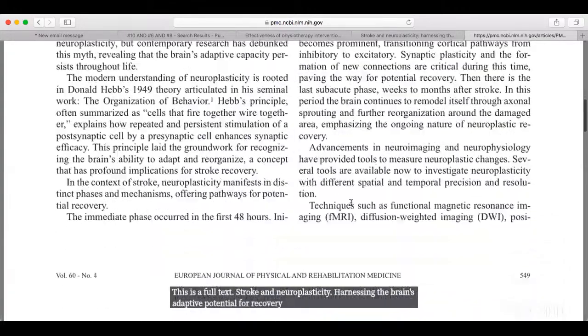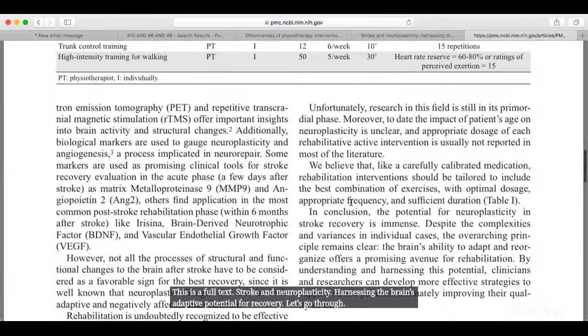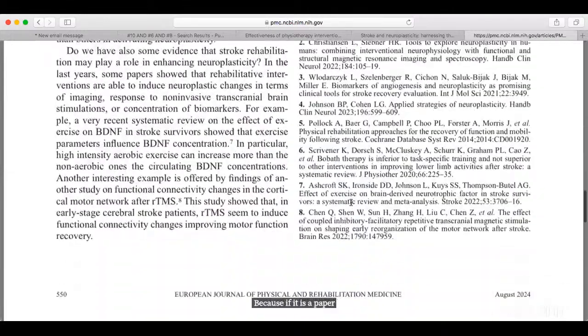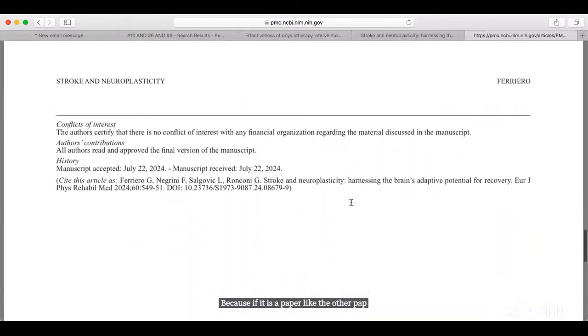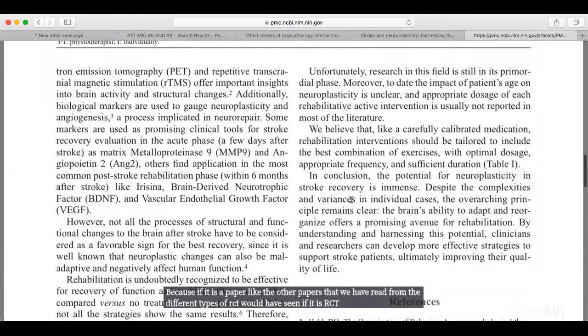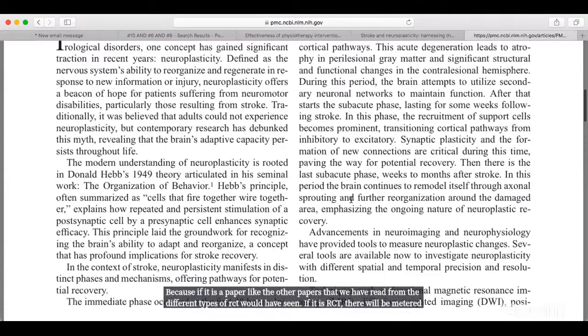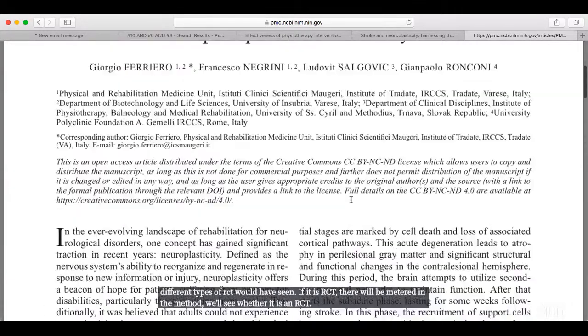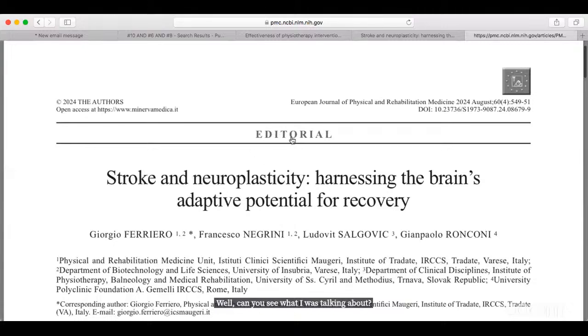Stroke and neuroplasticity, harnessing the brain's adaptive potential for recovery. Let's go through. Because if it is a paper like the other papers that we have read, the different types of RCT, if it is an RCT, there will be a method. In the method, we'll see whether it is an RCT. Or can you see what I was talking about? This is even an editorial.